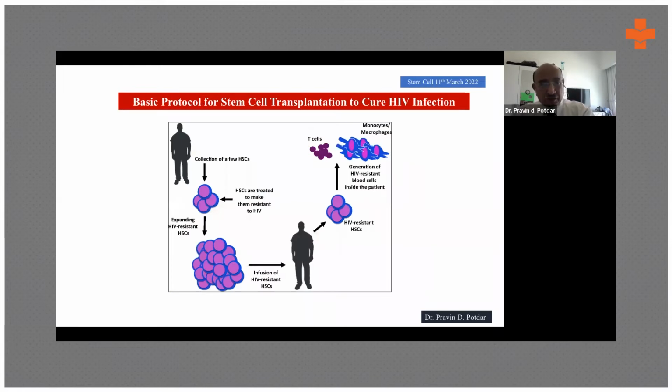So this is a general protocol I have shown you: the patient's hematopoietic stem cells are taken, grown in culture and injected into the patient, and then they follow this patient to see proper remission of the HIV disease, and they have done this successfully.